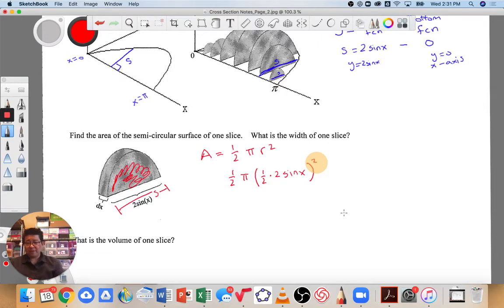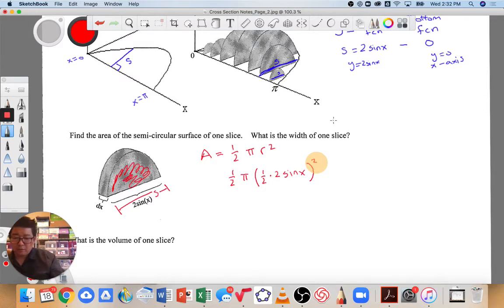Does that make sense? This is half a circle. Pi r squared is the area of a full circle, half of that. Then we replace the radius, and the radius is half of the diameter. If the diameter is 2 sine x, then we put half of 2 sine x, squared.